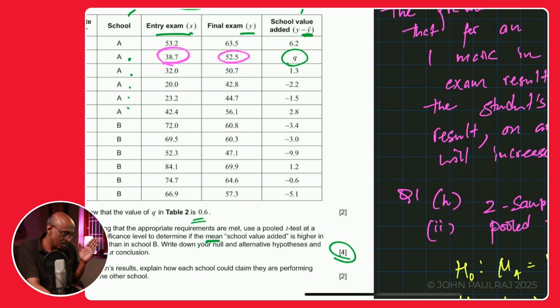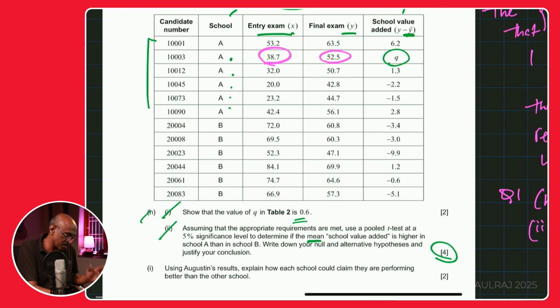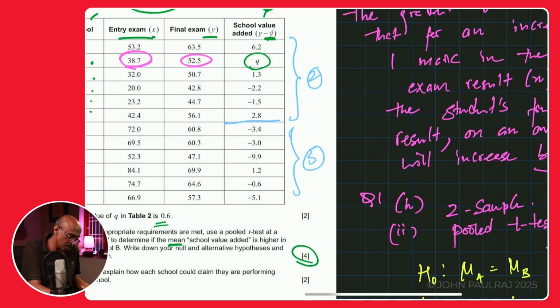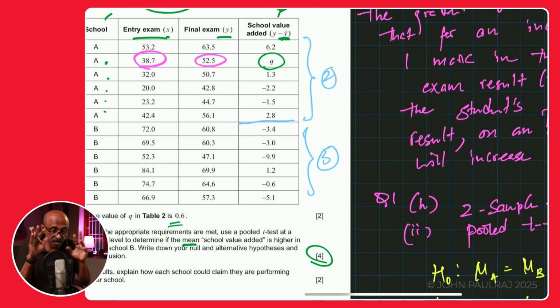First for school A, the first 6 entries, right up till here. Just this part is going to be my list 2, and this is going to be my list 3. I might cut that chunk off.